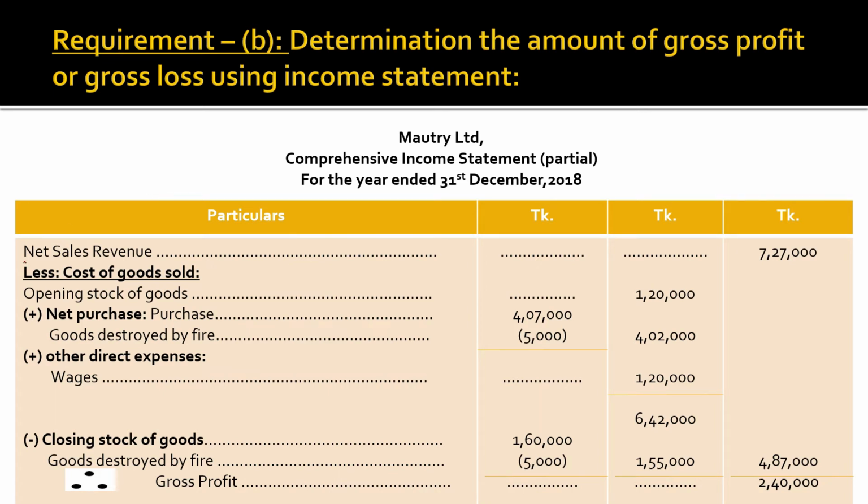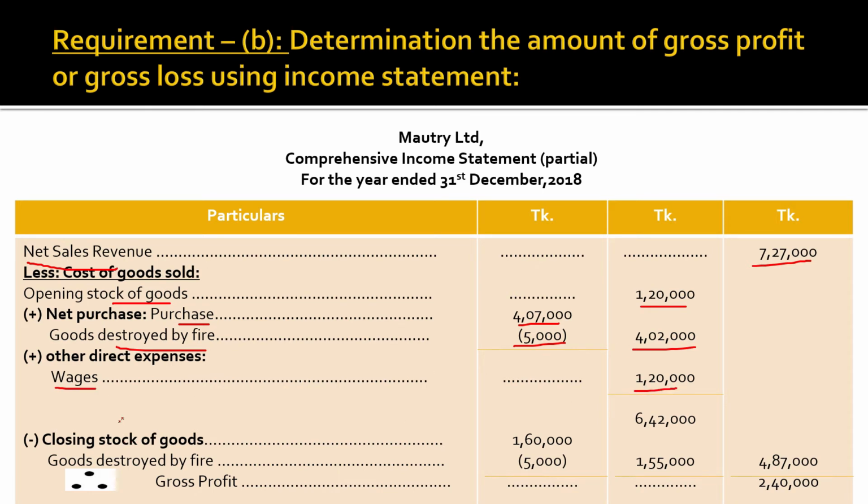Now requirement B, that is determination of the amount of gross profit or gross loss using comprehensive income statement. At first, net sales revenues 7,27,000 taka less cost of goods sold. Here opening stock of goods 1,20,000 taka plus net purchase. Here purchase 4,07,000 taka minus goods destroyed by fire 5,000 taka, so 4,02,000 taka, plus other direct expenses. Here wages 1,20,000 taka.